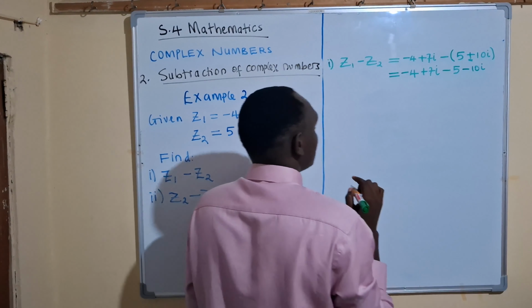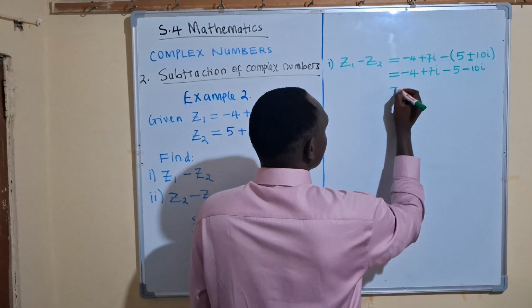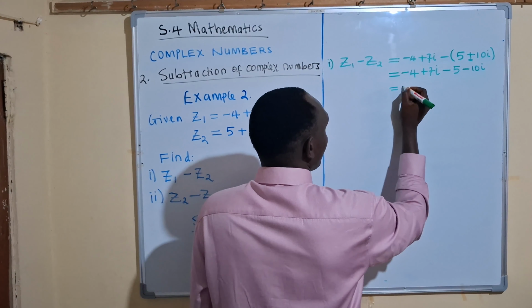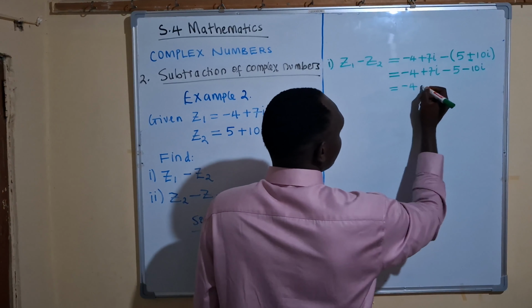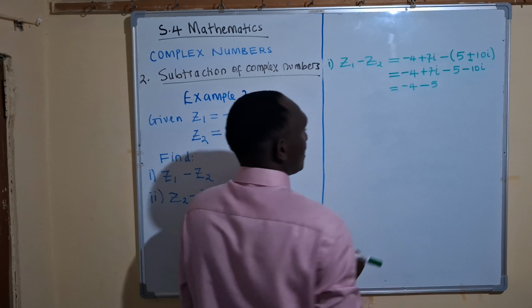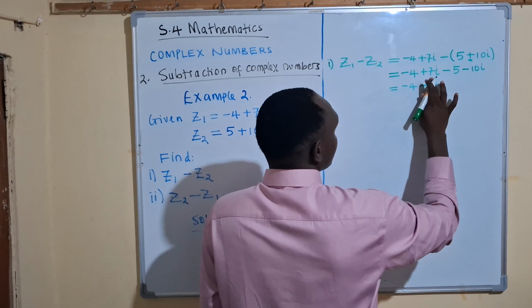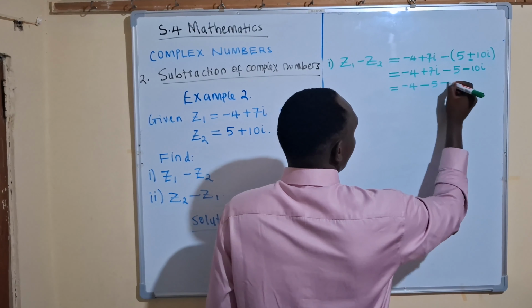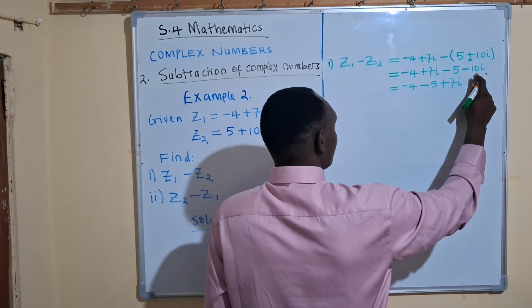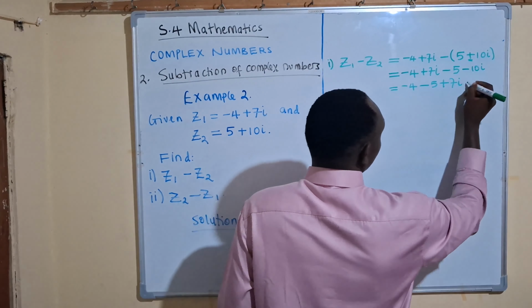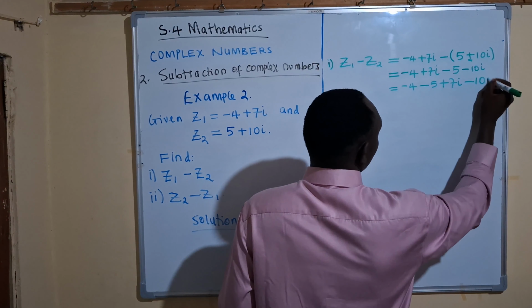After that, we collect the like terms. Let me start with the real parts together. So negative 4, negative 5 are there. 7i is the imaginary part, but it carries a positive sign, so we shall say plus 7i. 10i is an imaginary part, and it carries a negative sign, so we shall say minus 10i.